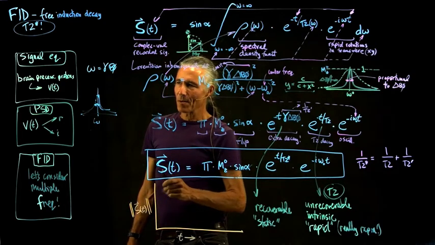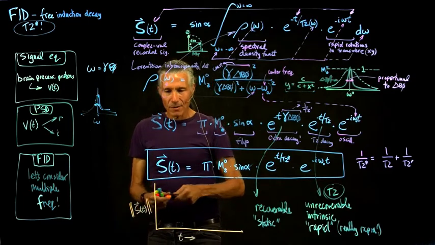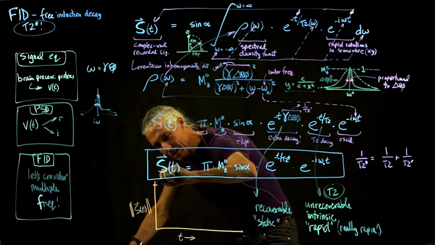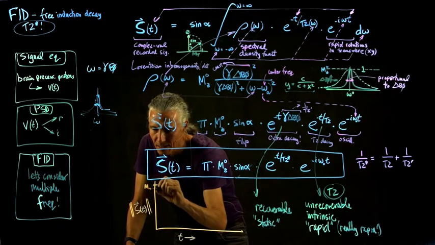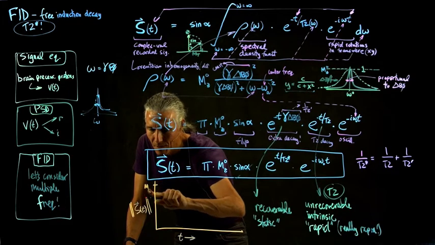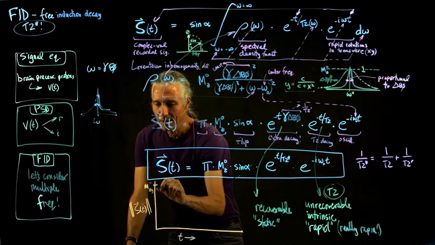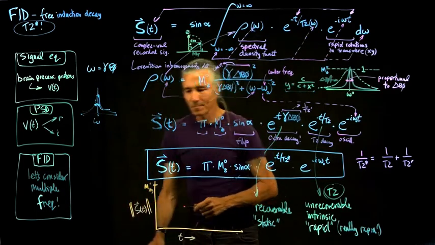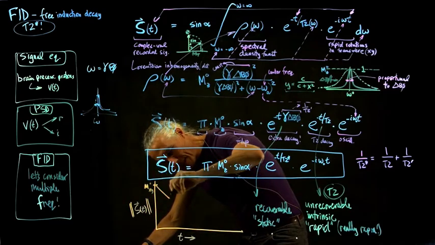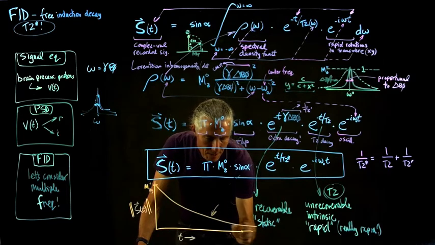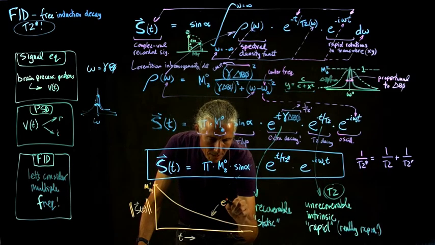We'll just say how long is the vector. If we plot out T2, it's going to start at mxy0, our starting transverse magnetization, whatever it is, and then it will make a nice exponential decay like that. So that'll be our e to the minus t over T2 curve.